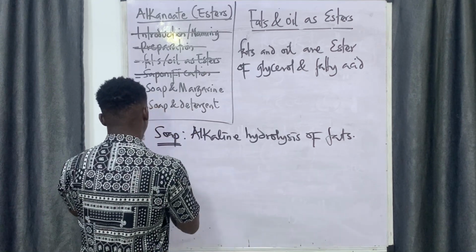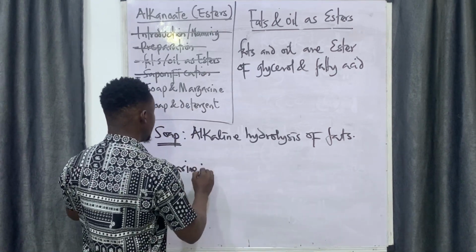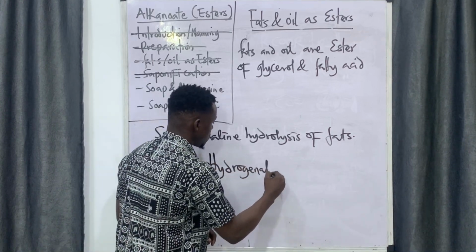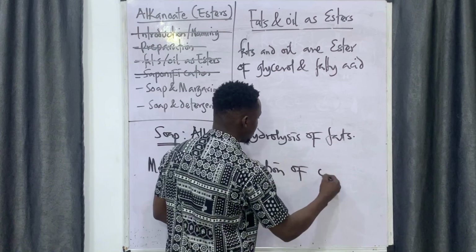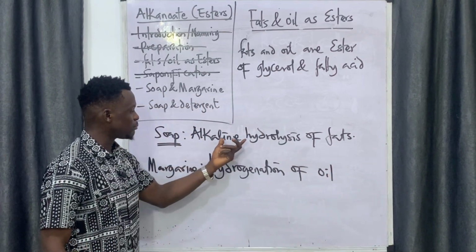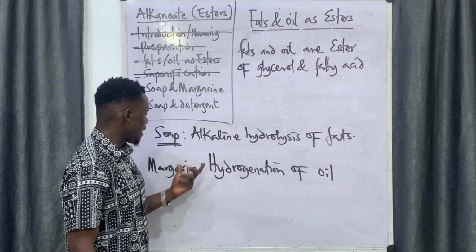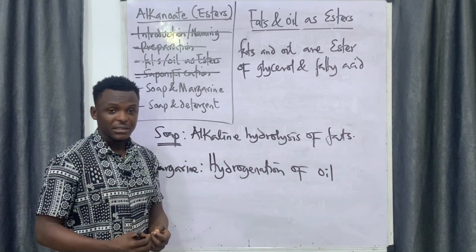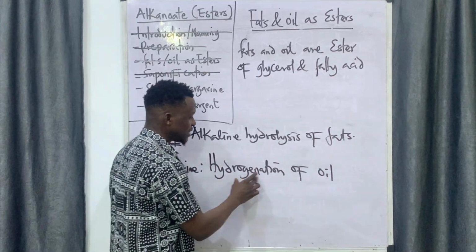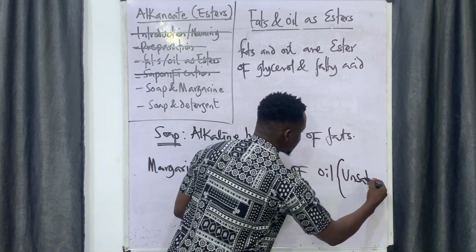Now what is margarine? Margarine is hydrogenation of oil. Please take note of these two. Soap is produced via alkaline hydrolysis of fat, right? Now margarine is a solid that is produced from oil, right? So when you hydrogenate oil, the oil that will be hydrogenated is unsaturated.